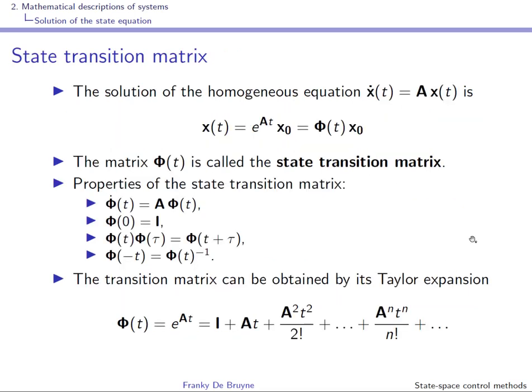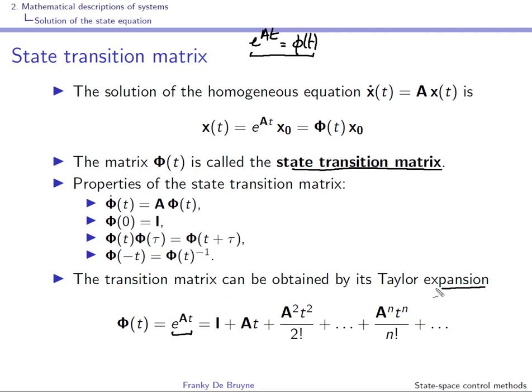So it is time to come back to this quantity exponential of At that we can also call phi of t, which is the state transition matrix.